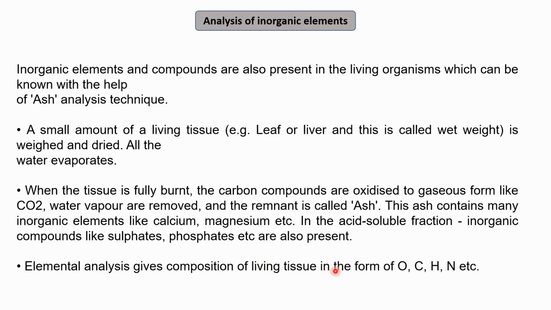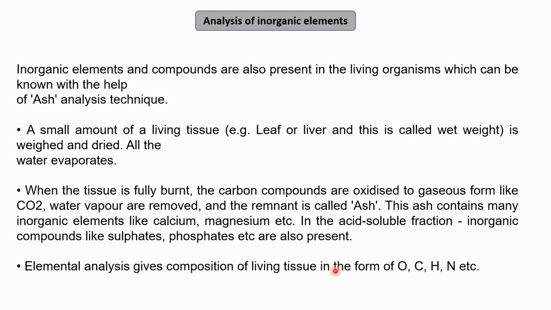So what we do is, firstly we take the wet weight, we dry it, then we take the dry weight. We burn the tissue. Due to burning, all the water evaporates. All the carbon, that is the organic material, gets oxidized to form gases like CO2, and therefore it is removed.